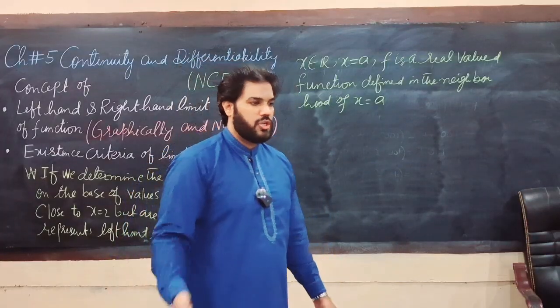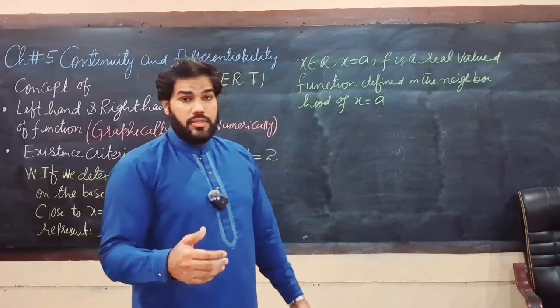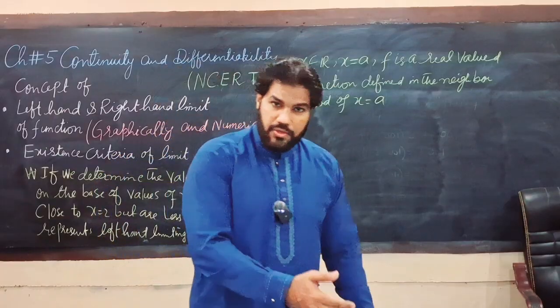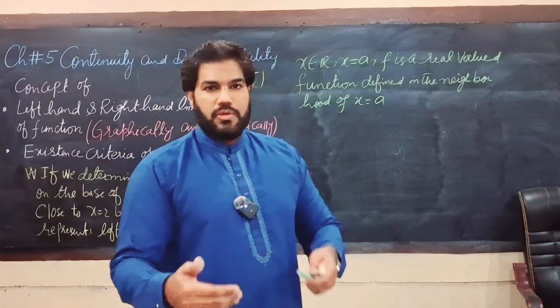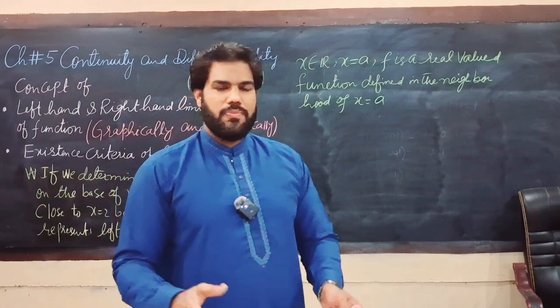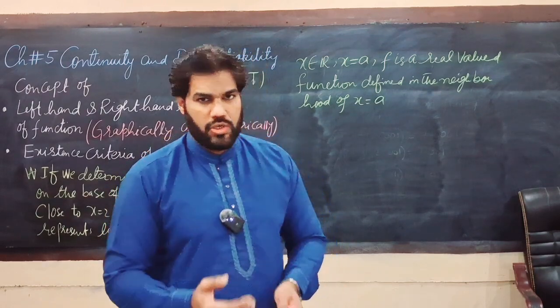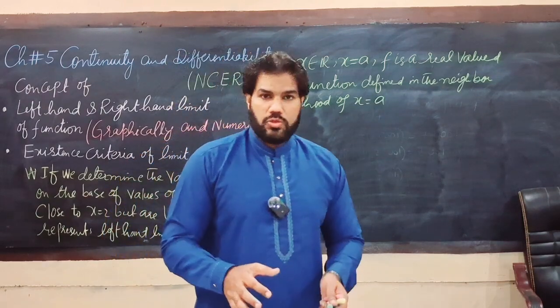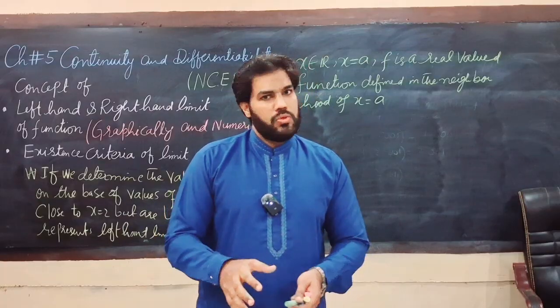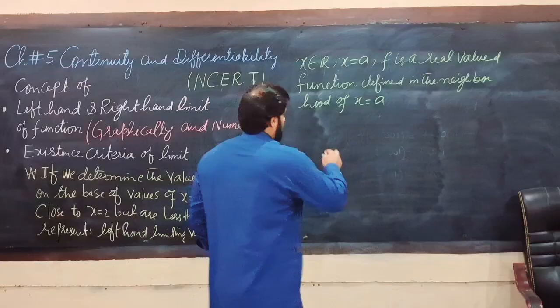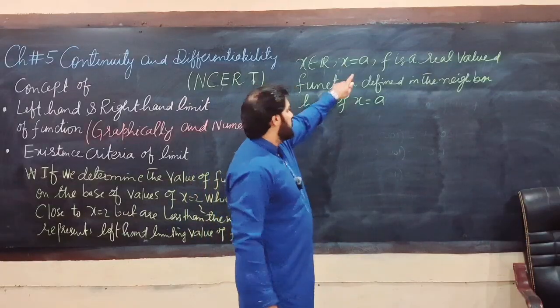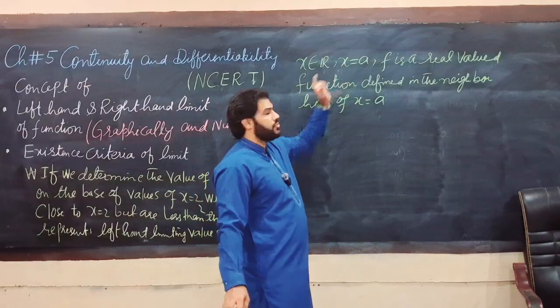Like in case of x equal to 2, the values are 1.99, 1.999, 2.0001, 2.001. All of these values represent the neighborhood of x equal to 2. So neighborhood of x equal to a means all those values which are nearly close to a. And it is possible that the function is itself undefined at x equal to a.